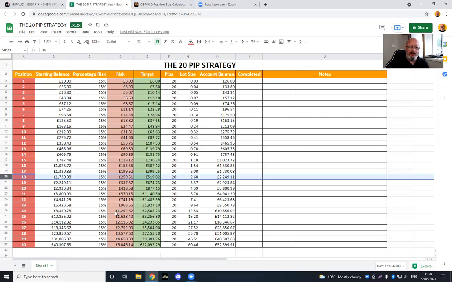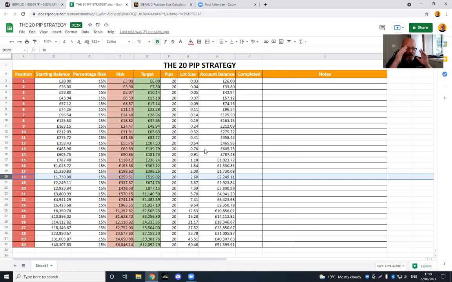But don't forget that all you started off with was £20. So you might be losing £1,250, but actually it was £20 that you started off with. So if you get to a point where, I'm not going to say take out some money down here, but maybe along here at some point, you take your £20 out, then you're not risking any of your money at all.